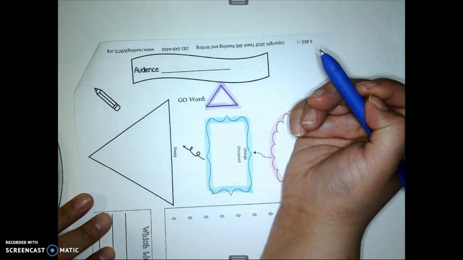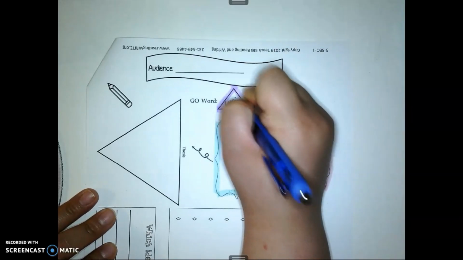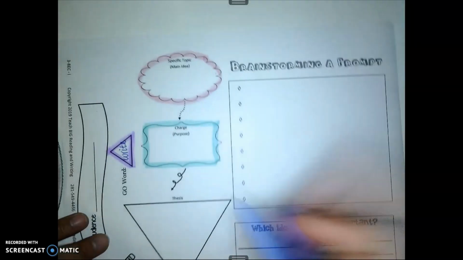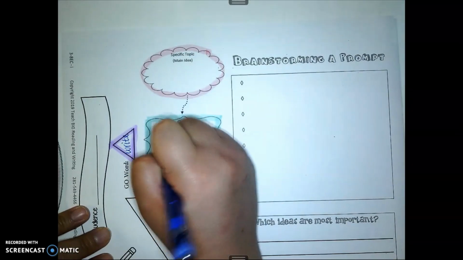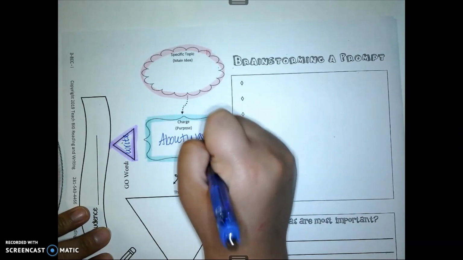So our go word was, what was it? It was write. Okay, they want us to write about, and I'm going to add ways because that's what they asked us.